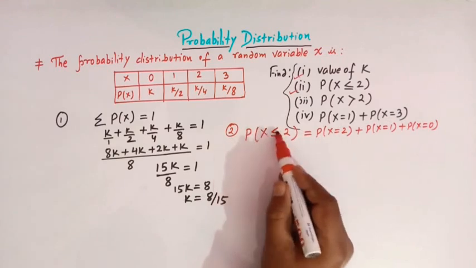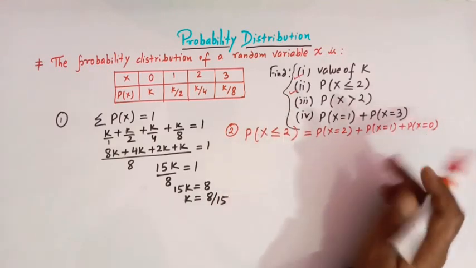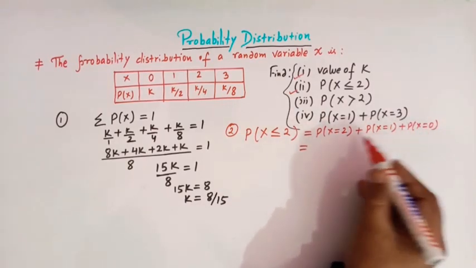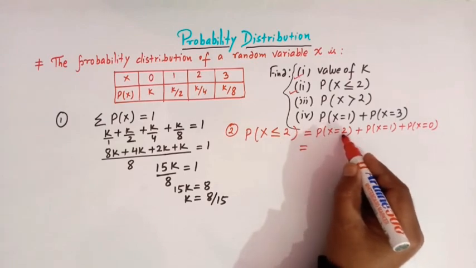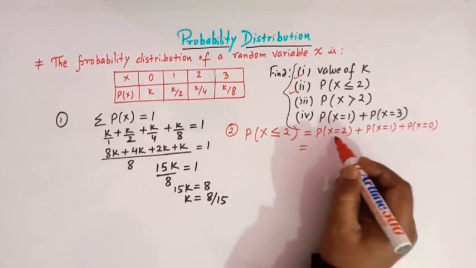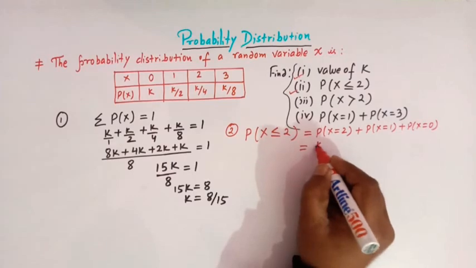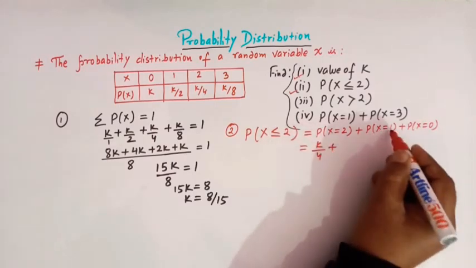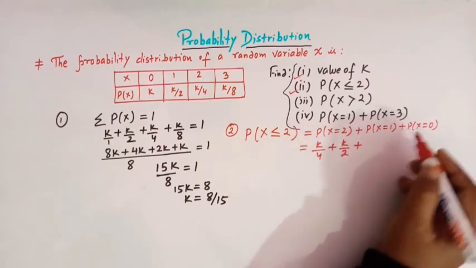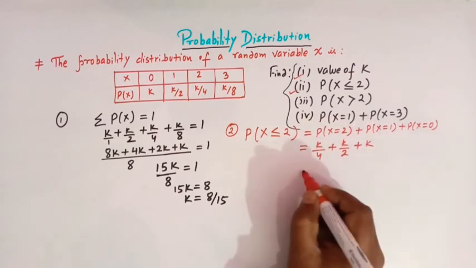So p of x less than or equal to 2 is the sum of these three probabilities, right? And these three probabilities are corresponding to x is equal to 2, x is equal to 1 and x is equal to 0. So p of x is equal to 2 is k by 4, and p of x is equal to 1 is k by 2, and p of x is equal to 0 is simply k, right?